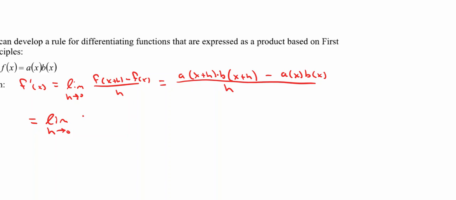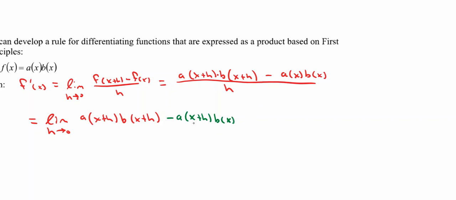So this would be a of x plus h, b of x plus h. And then in the middle here, I'm going to introduce a minus. I'm going to make this a different color so you can see what I'm doing. So it'd be minus a of x plus h times b of x, just this term.